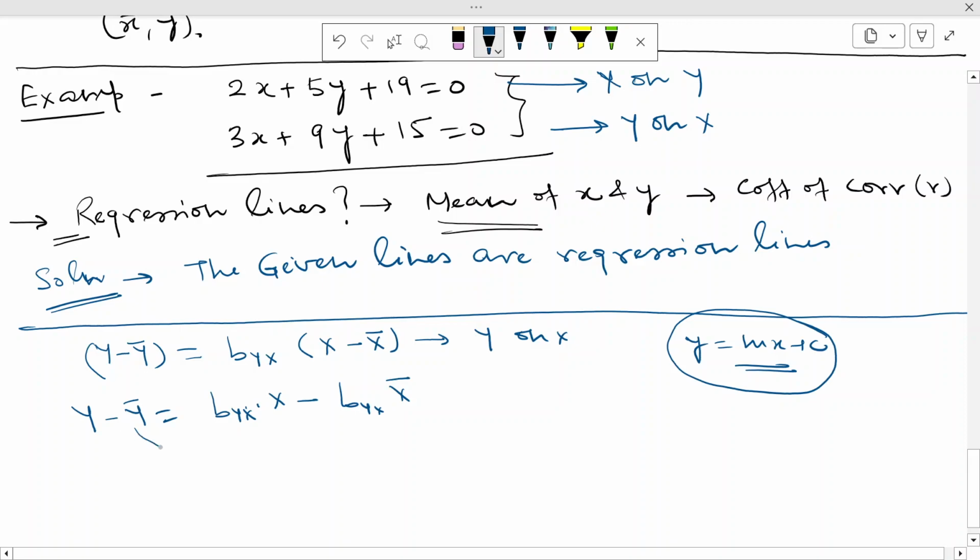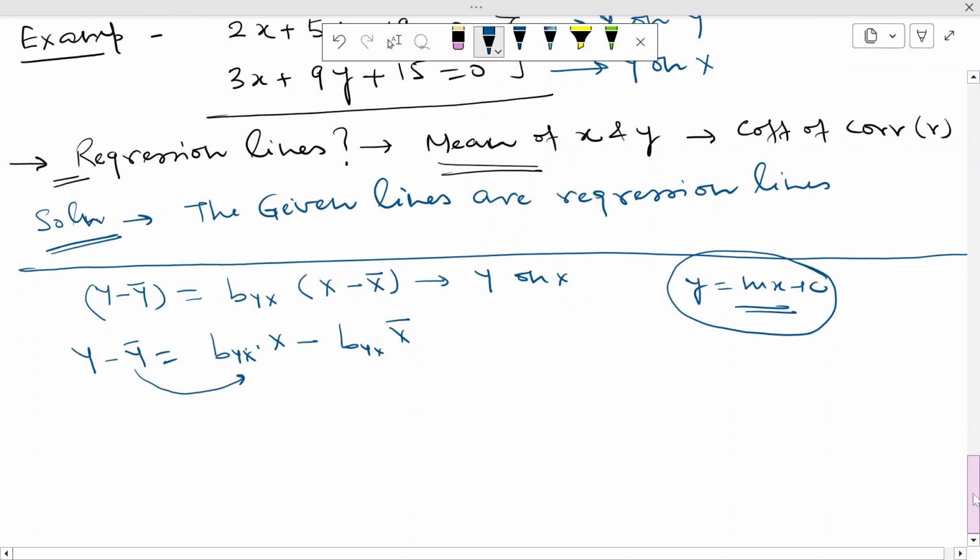Transferring to the right hand side, you get y is equal to byx into x minus byx into x bar plus y bar.